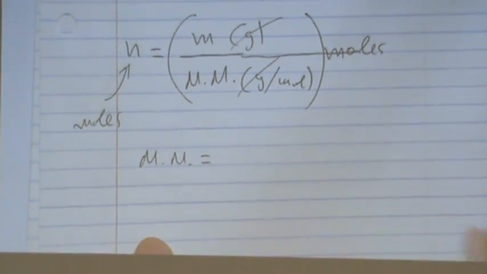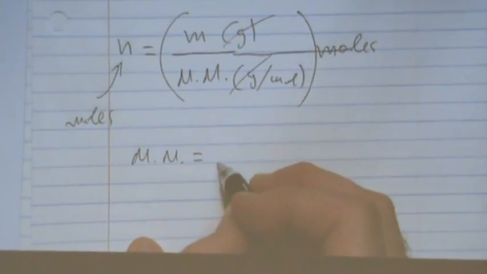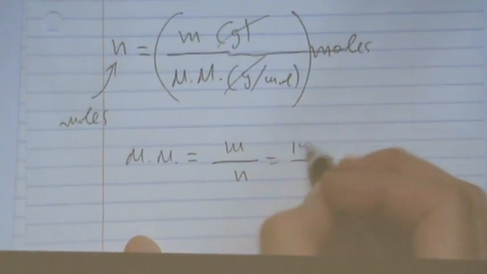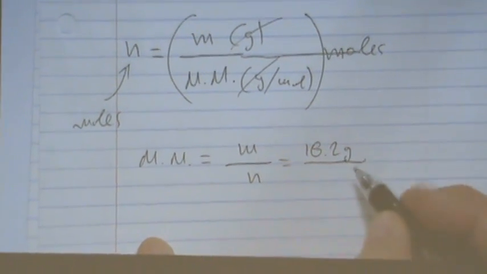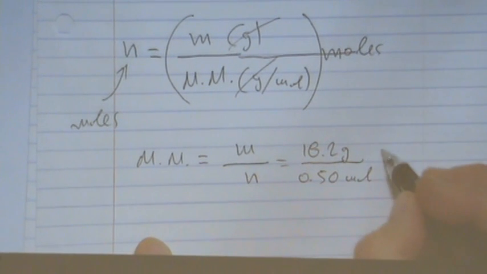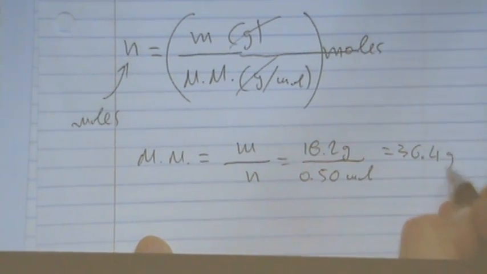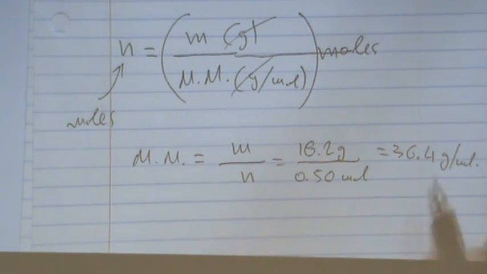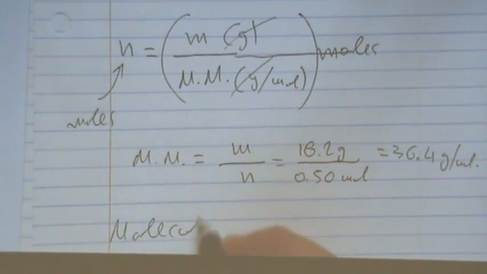So, molar mass is going to be equal to mass divided by the number of moles, so it's going to be 18.2 grams divided by 0.50 moles, which is equal to 36.4 grams per mole. Okay, that's the molar mass, right? You see grams per mole? What's the molecular mass?